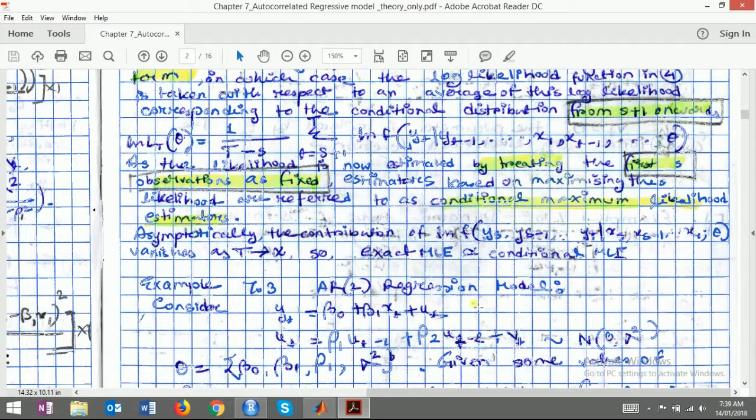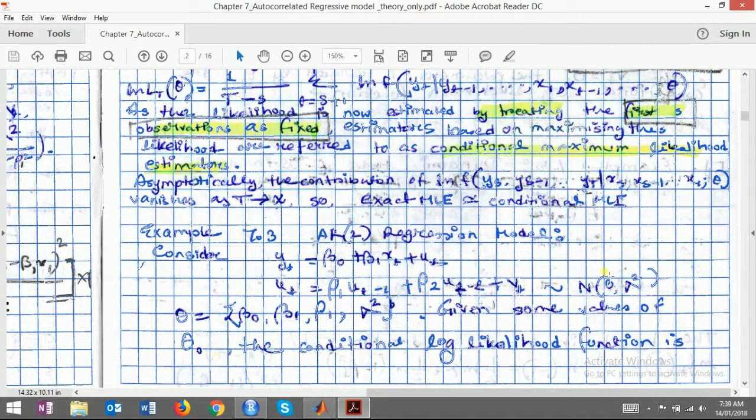So when we take an asymptotic distribution, the contribution from the marginal distribution will vanish, and whatever contribution we receive if we took the full form becomes equivalent to only taking the conditional distribution form. When we fix the first S observations and take the distribution from S plus 1 onwards, that is the only condition.